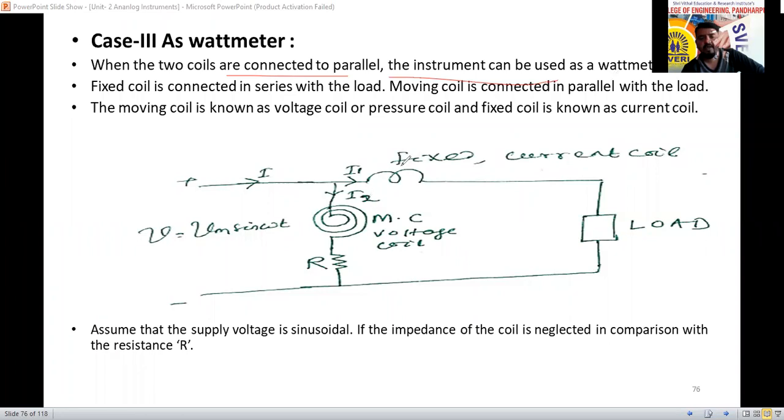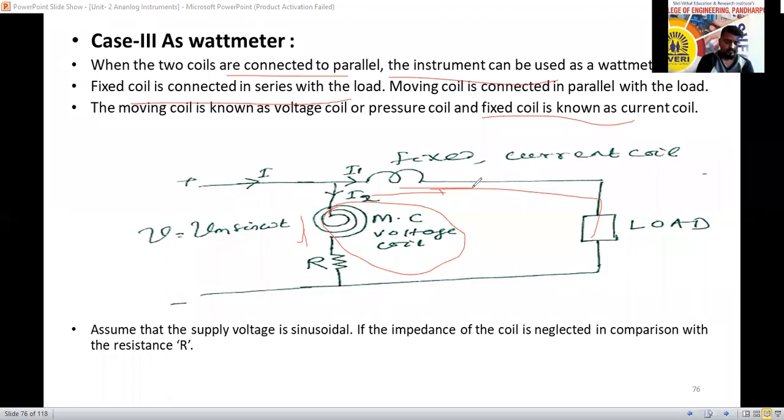The current flowing through I1 is different from the current flowing through I2. The moving coil is known as the voltage coil, or pressure coil, and the fixed coil is known as the current coil.